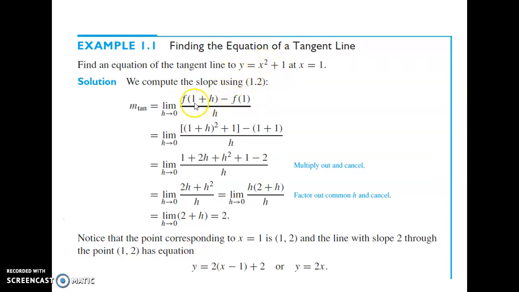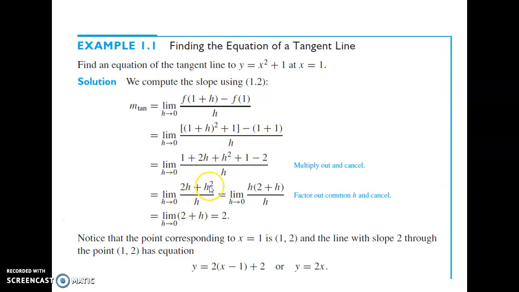Therefore, f(1+h) means x is replaced by 1+h, so (1+h) squared plus 1, minus f(1), which is 1 squared plus 1, that is 1 plus 1. I expand this (1+h) squared, it has three terms, then you have plus 1, and 1 plus 1 is 2, then I subtract, and I get this.